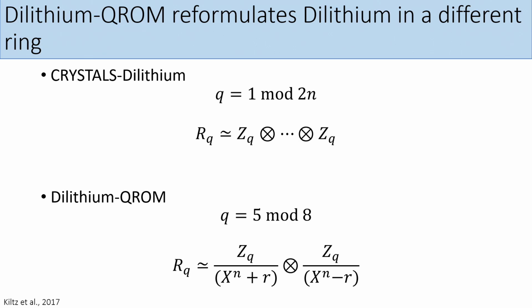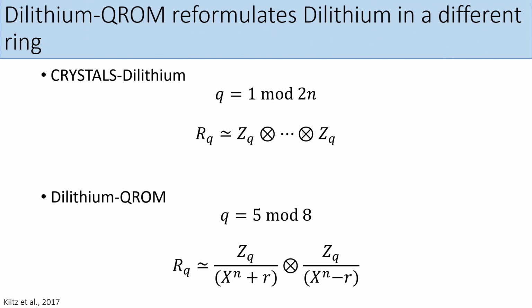In addition, there was one previous attempt to rigorously prove the security of Dilithium, specifically by Kiltz et al. in 2017. They called this formulation Dilithium-QROM. It did, however, require some fairly serious changes from the initial design, specifically by transplanting Dilithium from its native ring to this new ring.